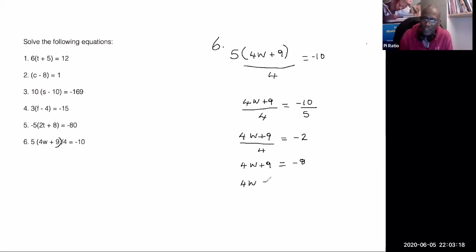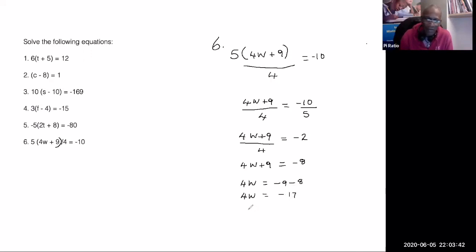And so the next line will read 4w is equal to minus 9 minus 8. So 4w is equal to minus 17.